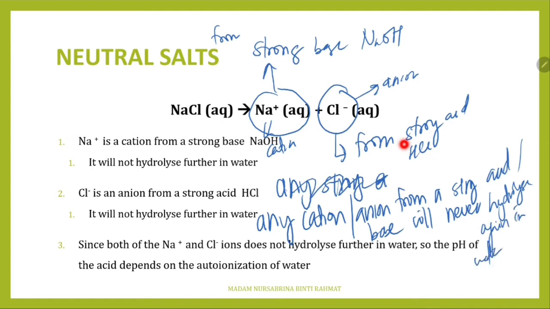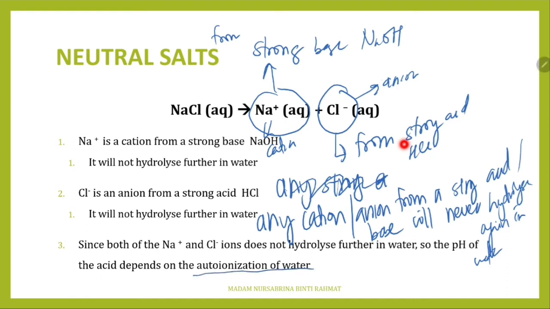So for this one, we cannot use the salts to determine the final pH of the salts. The pH for your neutral salts highly depends on the autoionization of water.